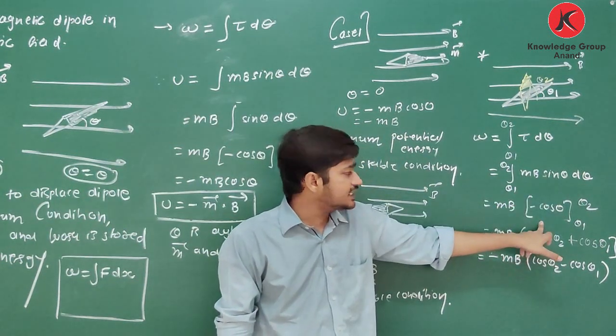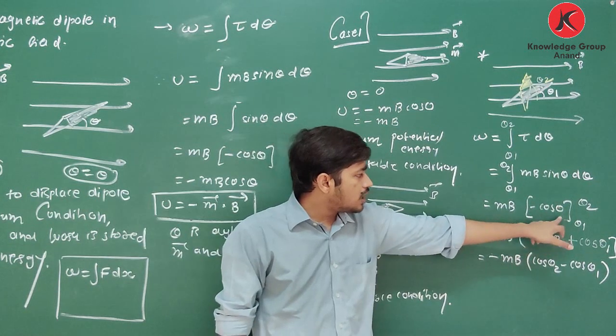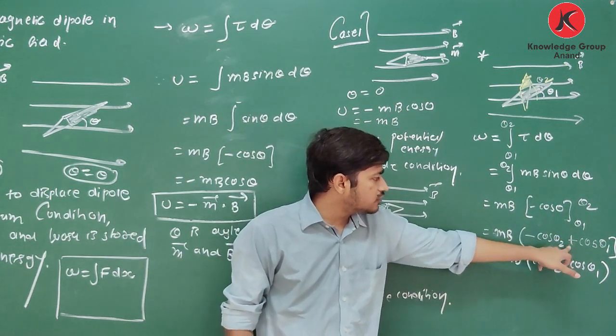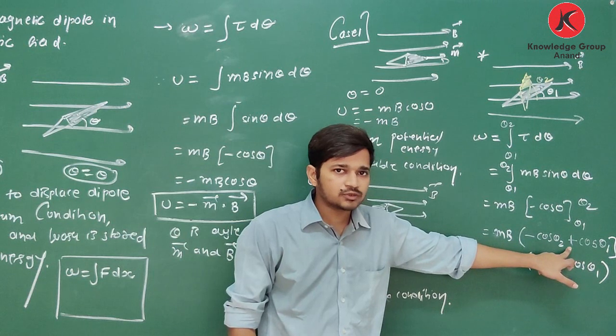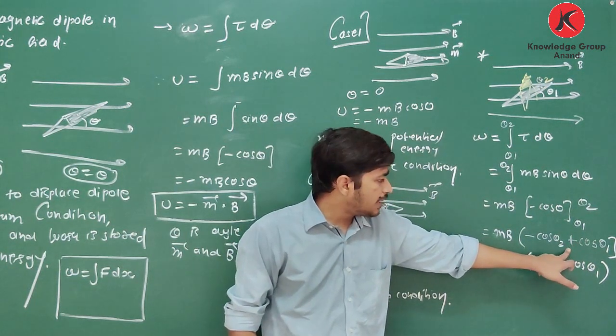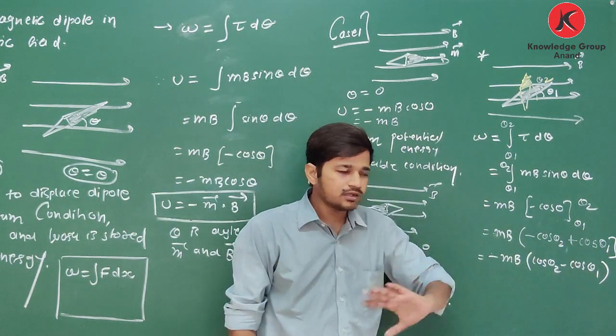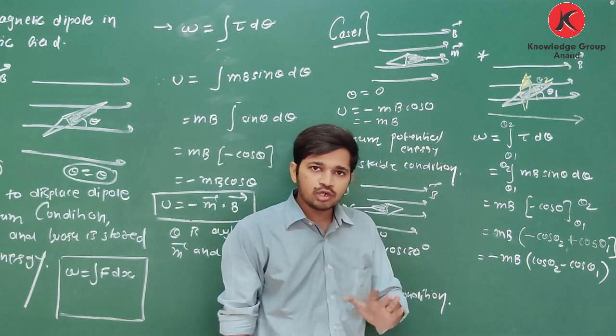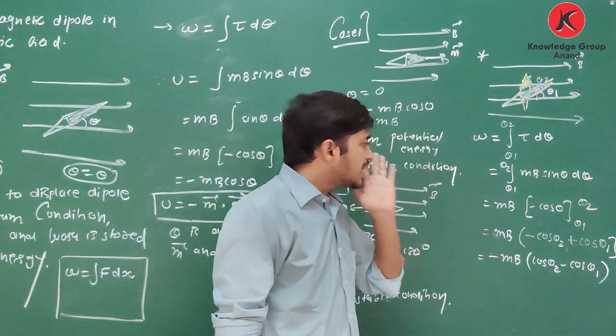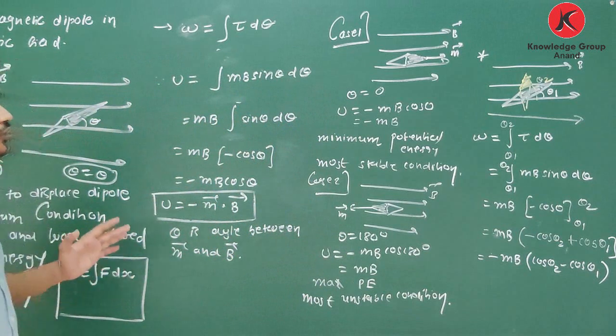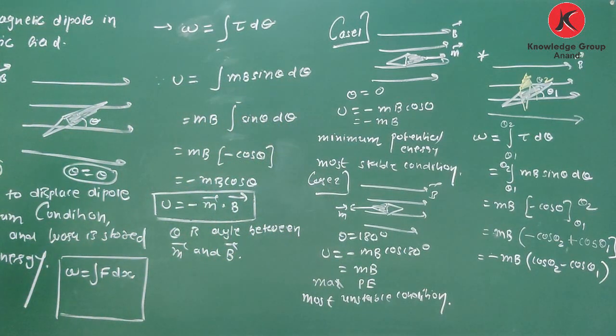Okay, so yes, you have to remember this: theta 1 to theta 2 and the constants. The integration of sin theta is minus cos theta. Put the upper limit of minus cos theta, and here there is always a negative sign. Clear about this? Any doubt? Okay, so yes, this is about when a magnetic needle, magnetic dipole, or bar magnet is placed in a uniform magnetic field.